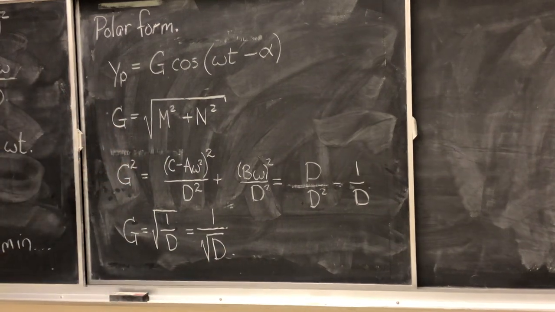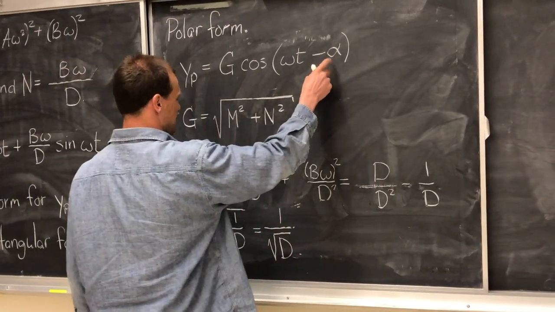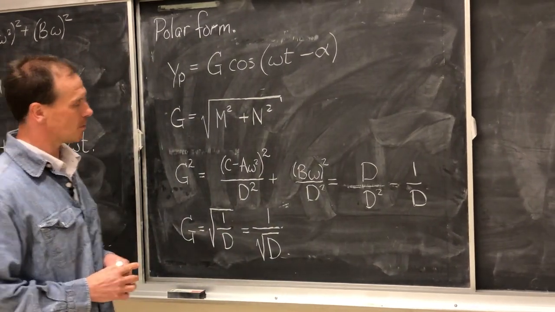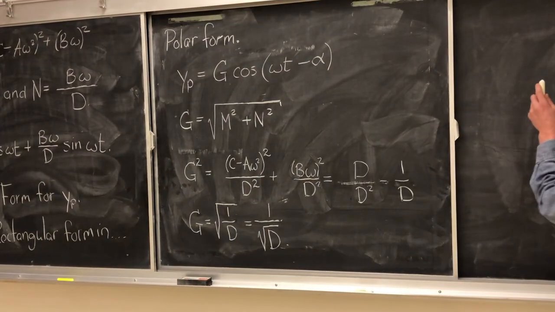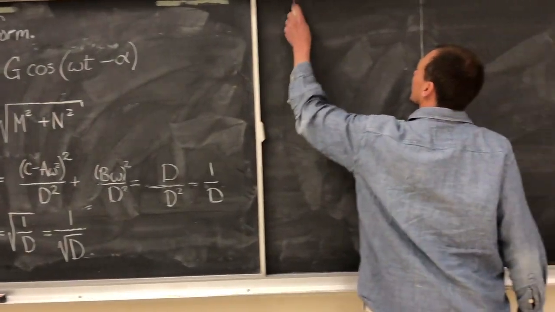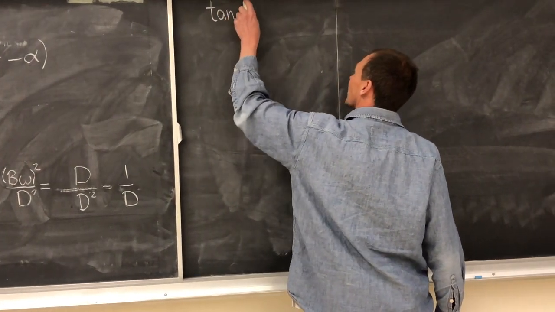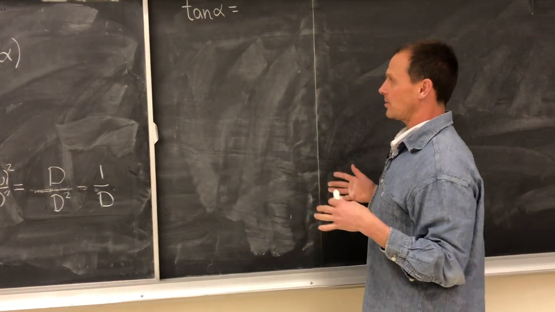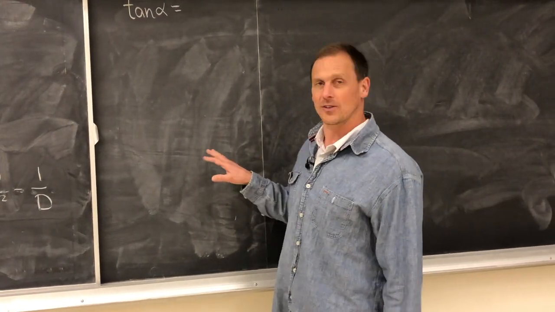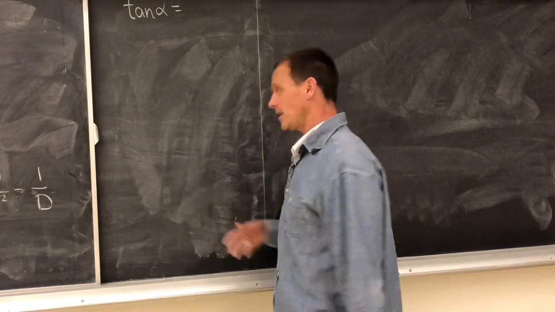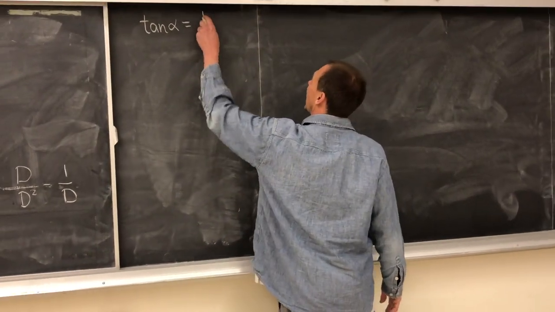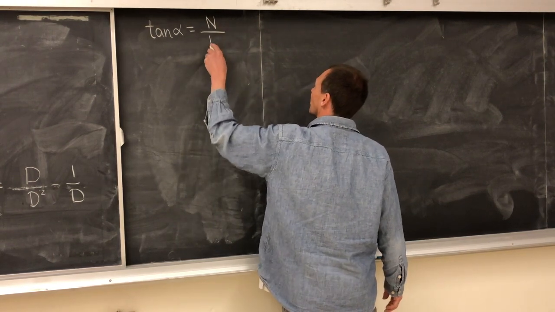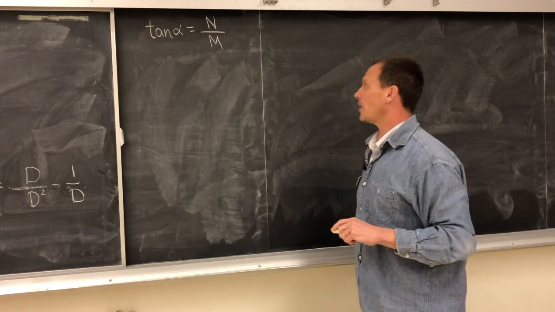Okay, our last bit is alpha. We need to find alpha. I'm going to need all these formulas here. So our alpha, remember what we said is that the tangent of alpha is the opposite over the adjacent. Our opposite piece in a rectangular coordinate is the sine. Well, sine was our n coefficient, and the adjacent, associated with the cosine, was our m.